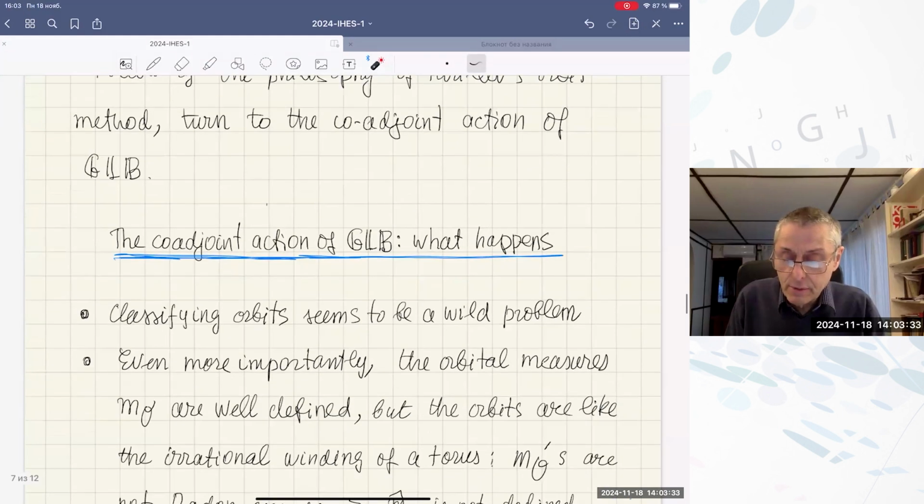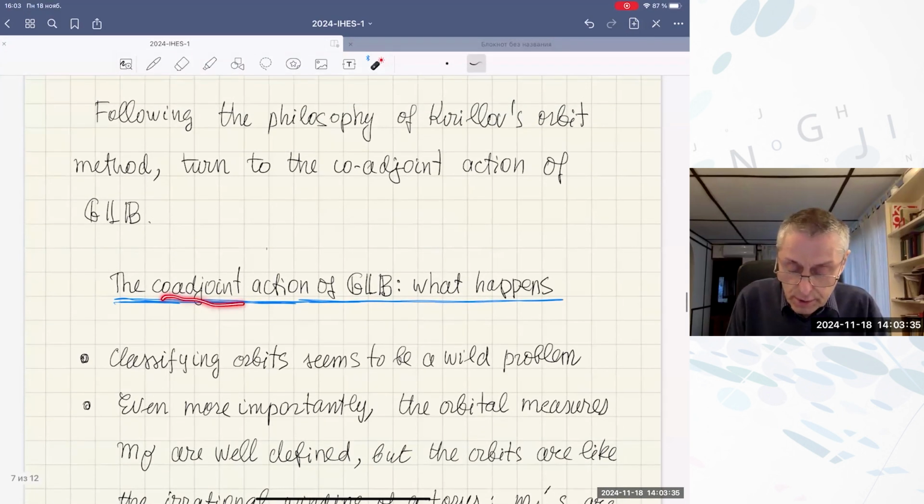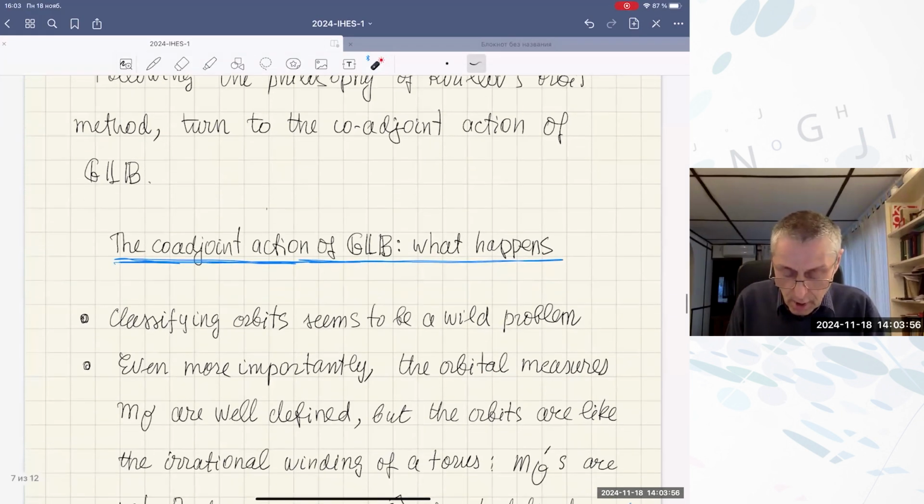So what happens for the coadjoint action? First, it turns out that classifying orbits seems to be a wild problem. But what is even more important is that there are orbital measures, invariant measures on the orbit.